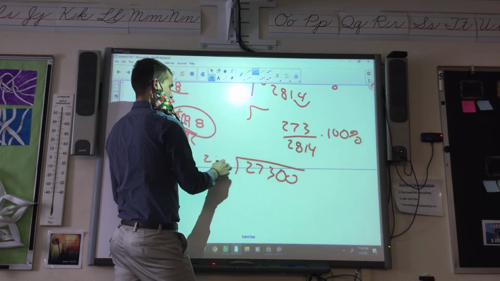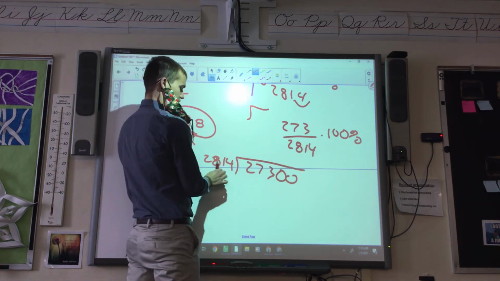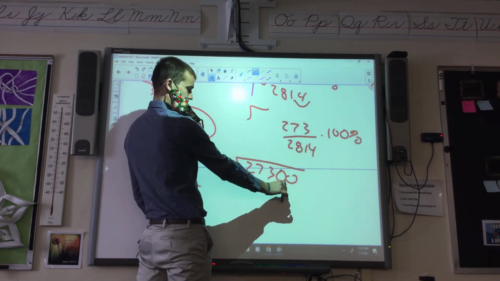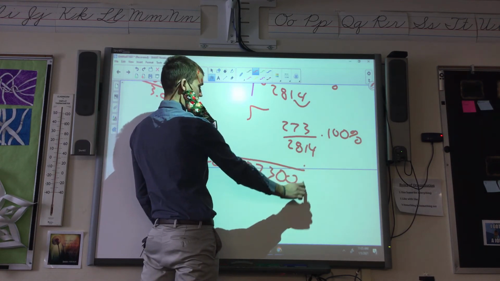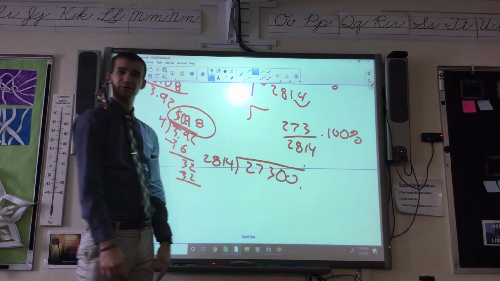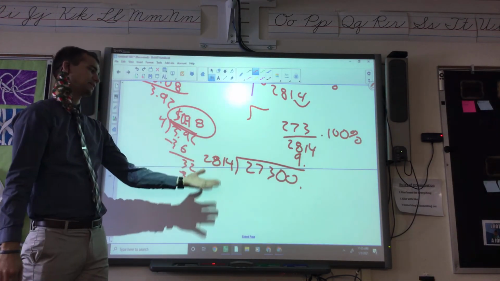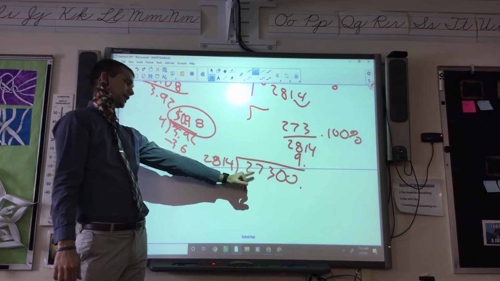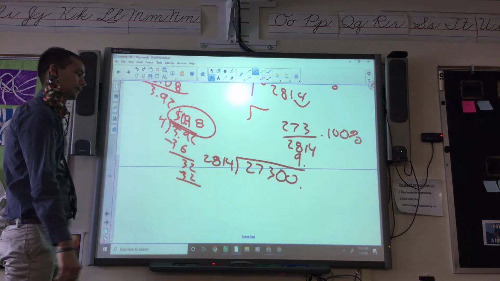Divide by 2,814. Think, 2,814 is going to go into here. It doesn't, so it's going to go into here. The decimal point is right there. 9 times? I'm just going to guess, because 10 times is clearly not going in, and it seems like it's probably not big enough to go 8.